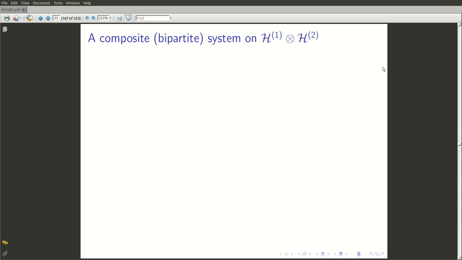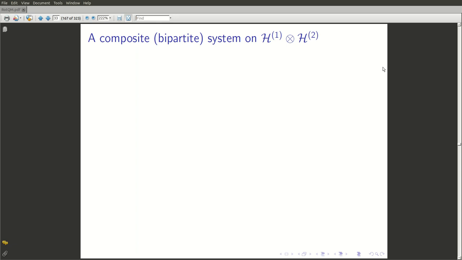Notice that the headline says a composite bipartite system on H1 ⊗ H2. Now, bipartite is simply a fancy way of saying that our system has two parts, and the overall system is composed of these two parts.